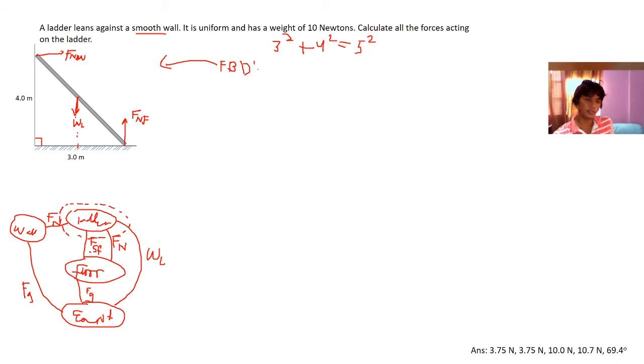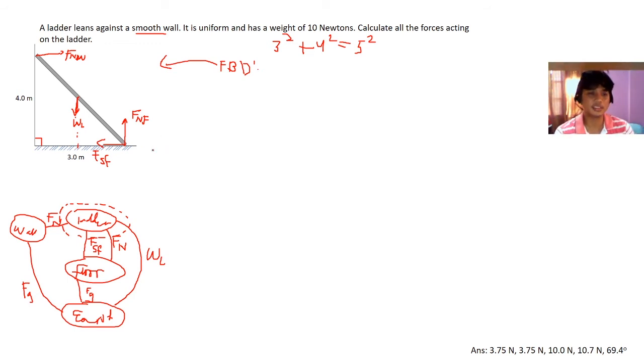And it also says in our system schema that there is a static friction force. So which way is static friction going? Static friction is going to the left. And how do I know that? I know that to be the case because this ladder is trying to slide to the right.